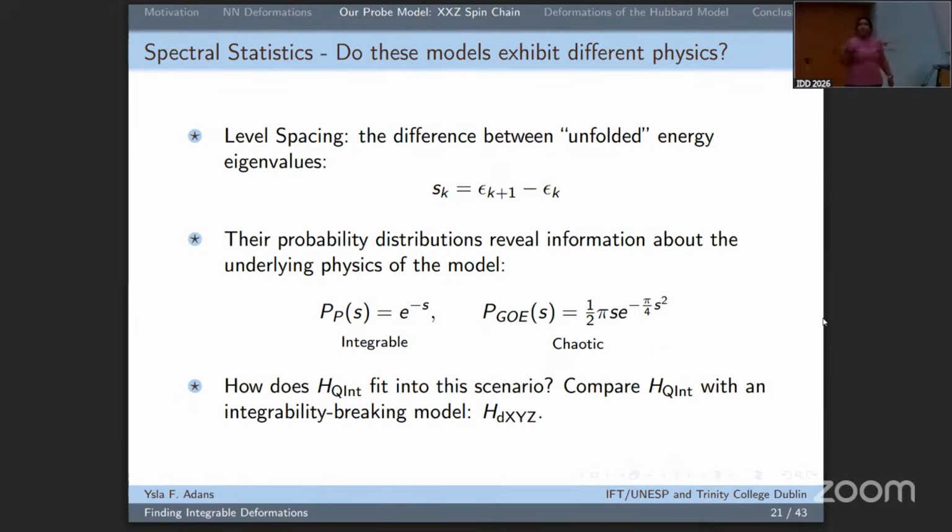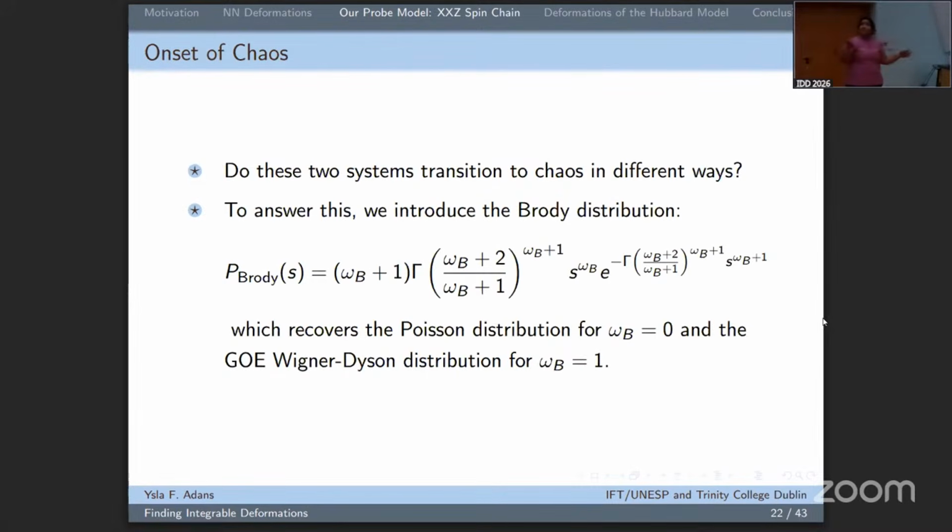So how does this quasi-integrable model fit in this scenario? We compare it to an integrability-breaking model and try to see how these two systems transition to chaos, because you know that both go there, but we don't know how they go.